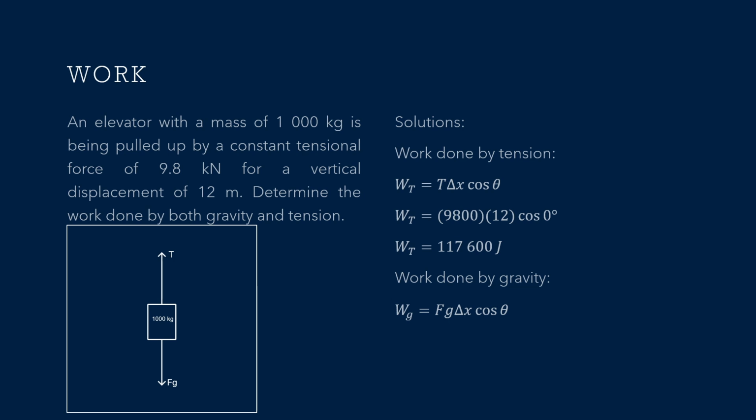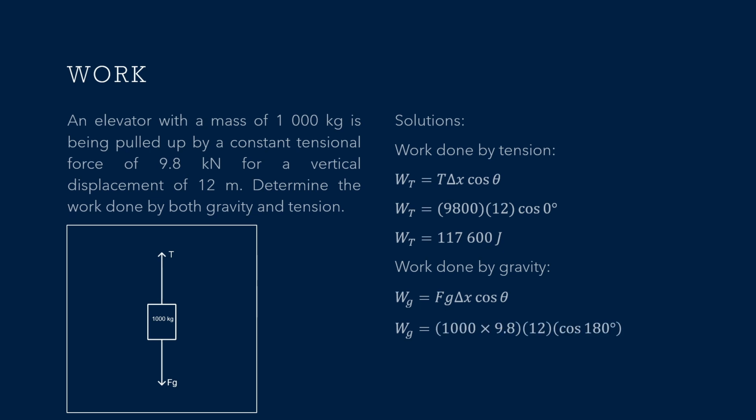Again, the work formula is the same. I've just substituted in the gravity, as you can see, and substituting in all the values that I know. I know that the mass is 1000, and hence the weight will be 1000 multiplied by 9.8. The displacement is still the same. Now the cos angle has changed.